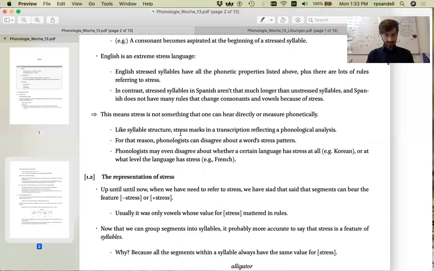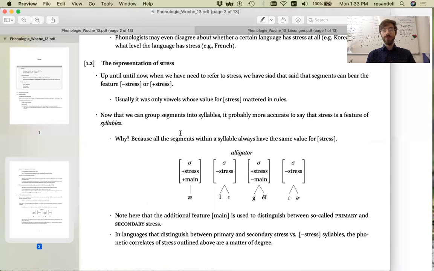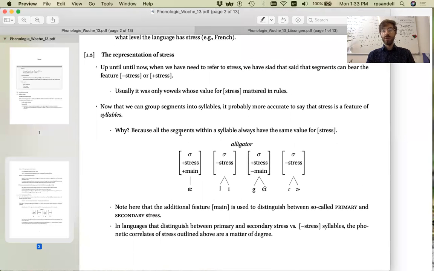Okay, let's come now to thinking about how we may want to represent stress formally. We need some idea of what sort of notation we're going to adopt to formally represent stress before we can try to arrive at writing phonological rules that tell us which syllable or segment should be counted as stressed.